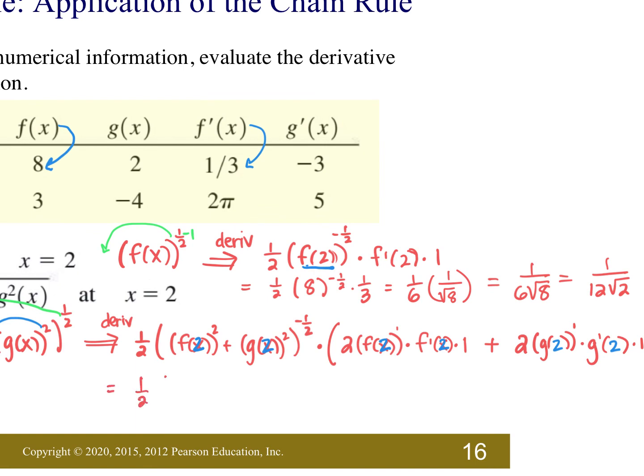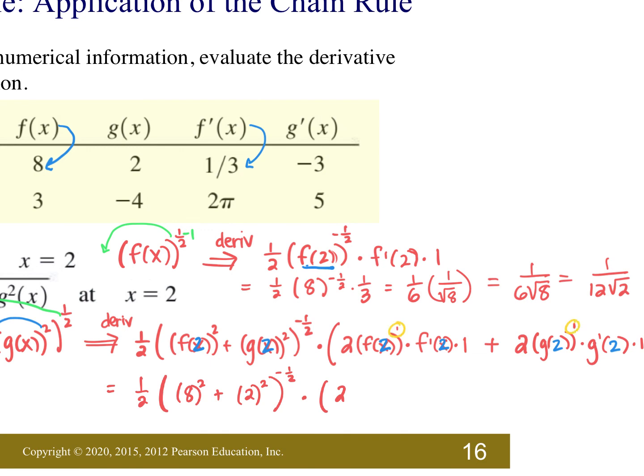So leading off with a half, I want f of 2, and I want to square that. So that'll be 8 squared. I want g of 2, which would be 2, and I want to square that, but that whole thing is to the negative half. So I'll deal with that in just a minute. Okay, now remember, this is not a prime, this is a first power, same as this.